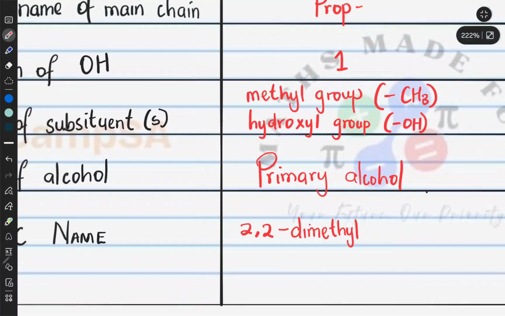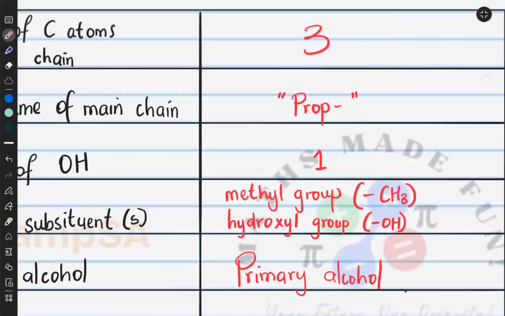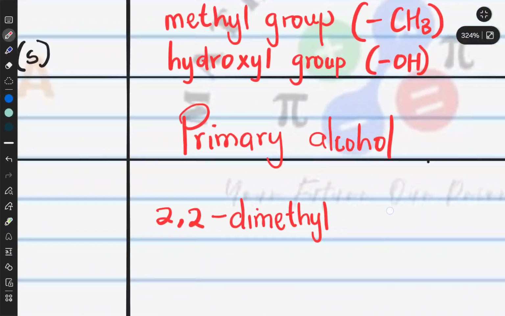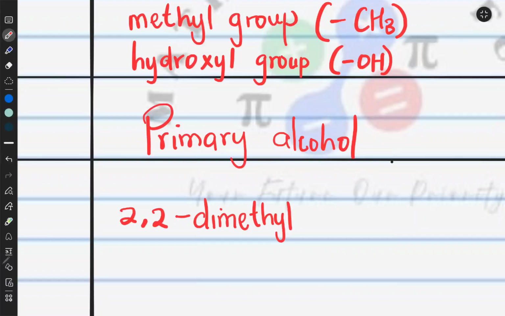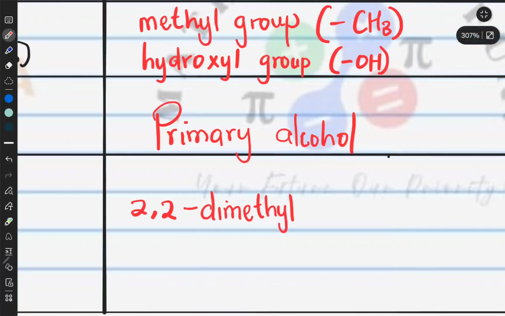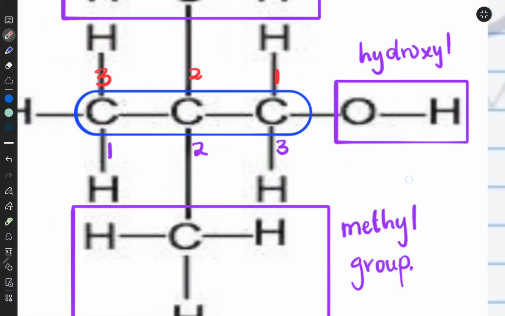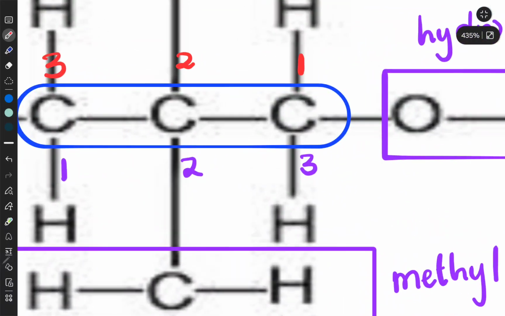All right, now we can mention the name of the parent chain, which is prop. But before we do that, we have to include the position or location of the hydroxyl group, of course, along the parent chain. So we said the hydroxyl group is on carbon atom number 1. If you check here, it's on carbon atom number 1.